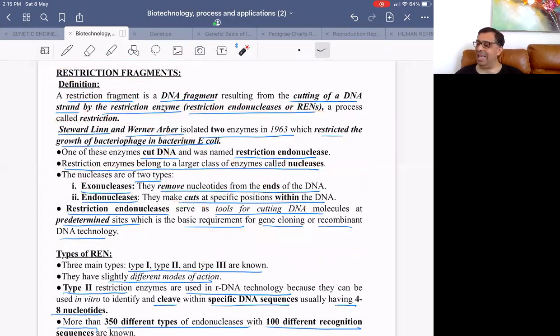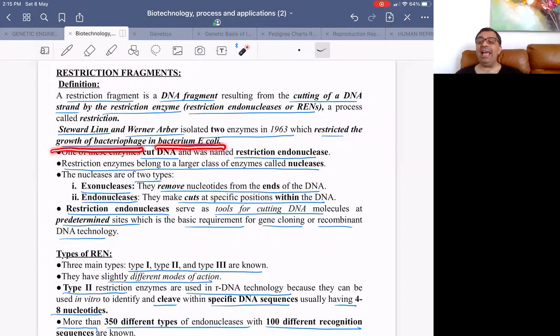It was Stewart Lynn and Werner Arber who isolated two enzymes which restricted the growth of bacteriophage in bacterium E. coli.